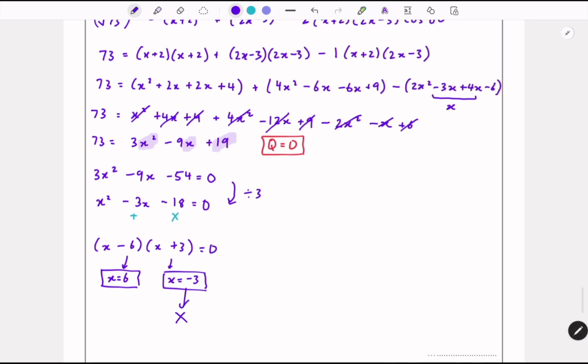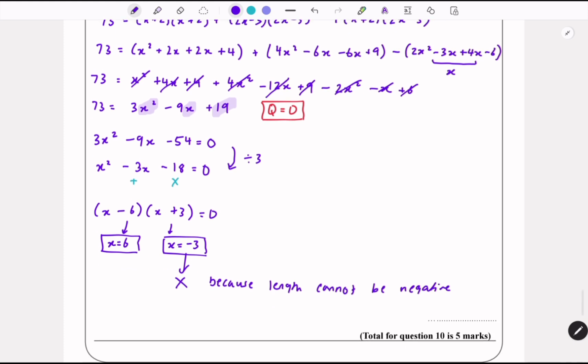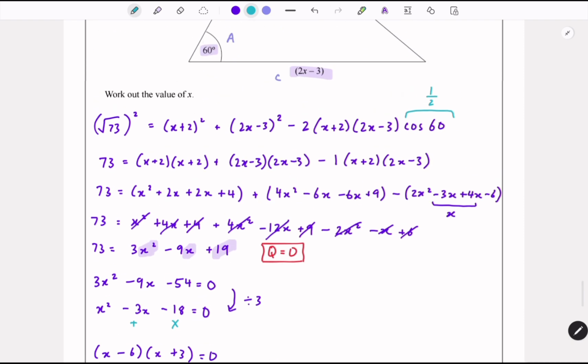So I'm going to ignore this answer here, because length cannot be negative. My final answer is just going to be x equals 6. This is my right answer. And that's for 5 marks.